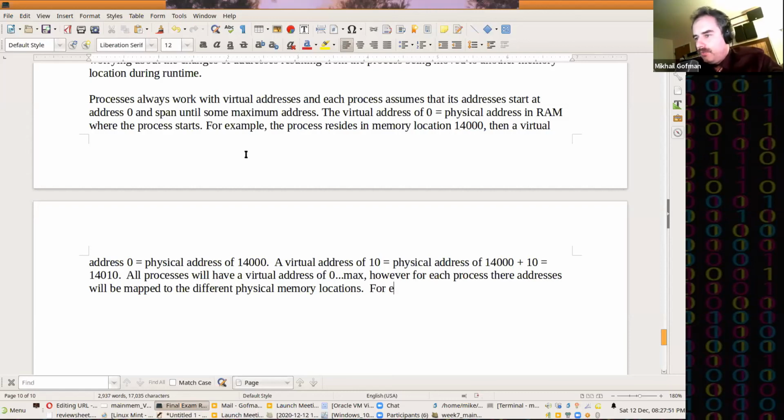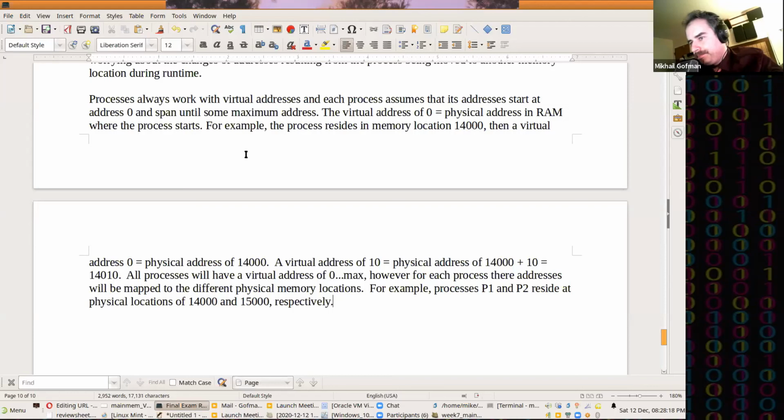So for example, say two processes, P1 and P2, reside at physical locations 14,000 and 15,000 respectively.